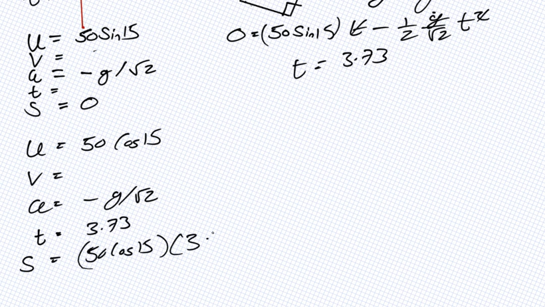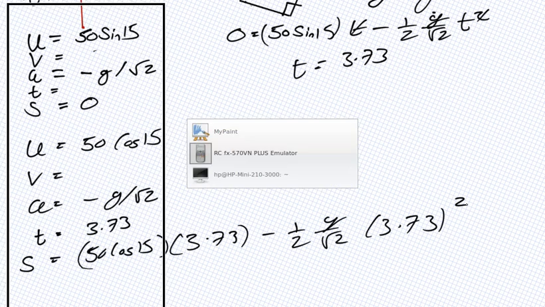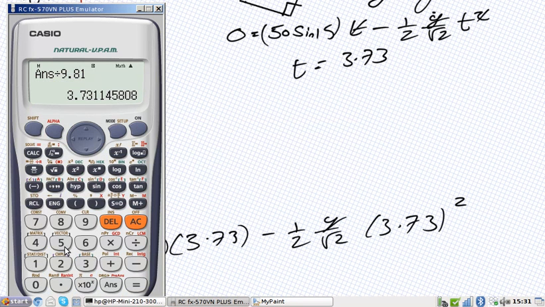So s equals u t plus a half a t squared, that would be 50 cos 15 times t, and then a half a times t squared. Okay, so that comes in at 131.9 meters.